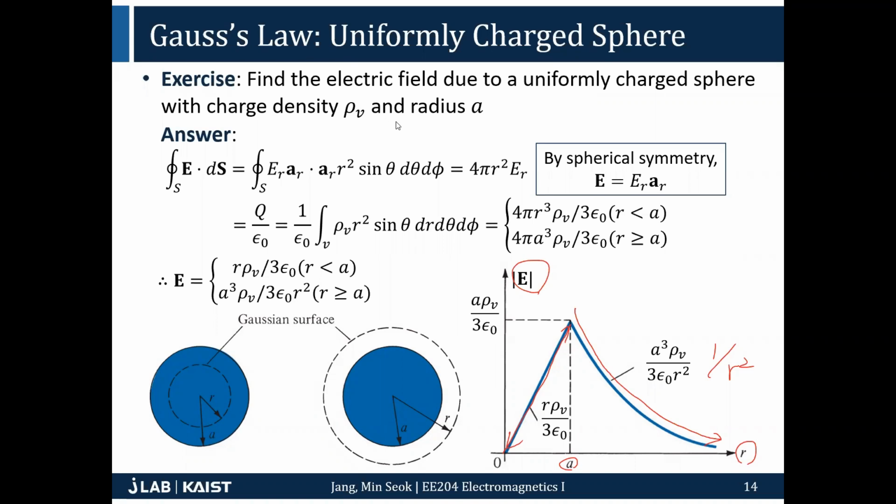Okay, so this is about Gauss's law. And then we will learn about the concept of electric potential and electrostatic energy. Potential and energy are the two things that we are going to learn from now on.